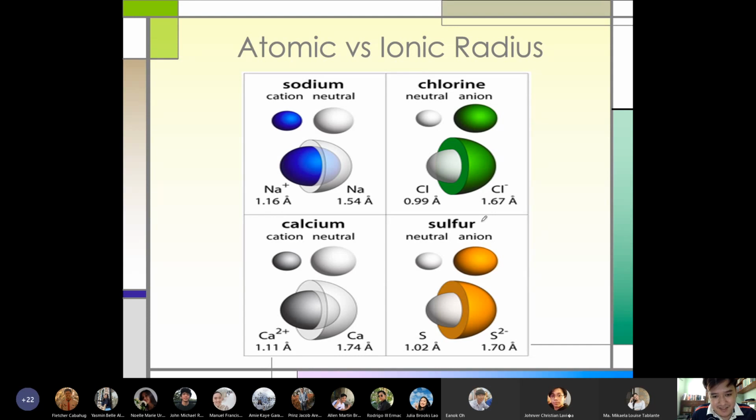And once that happens, they will try as much as possible to stay away from each other, making the radius a little bit bigger for the ion. So cations are smaller than their neutral counterparts, and anions are greater than their neutral counterparts.